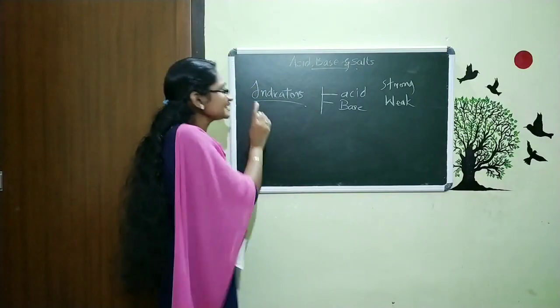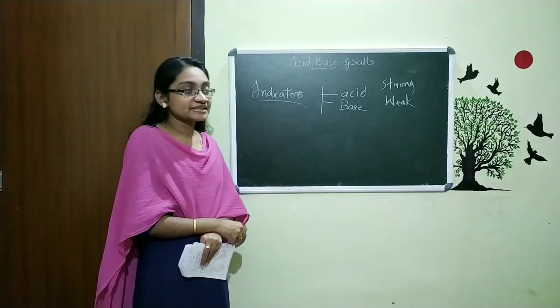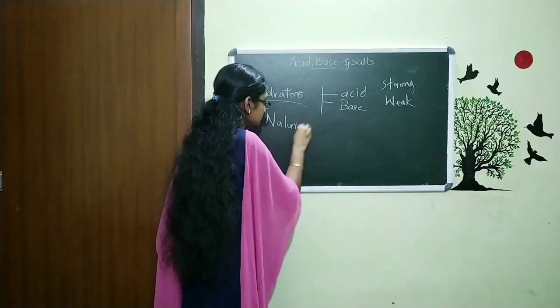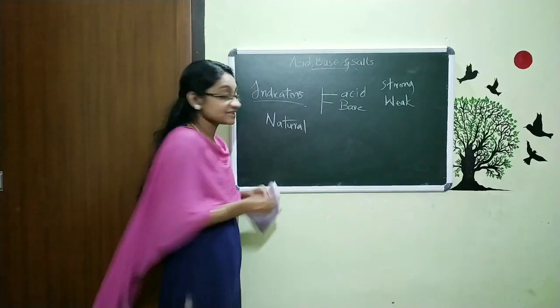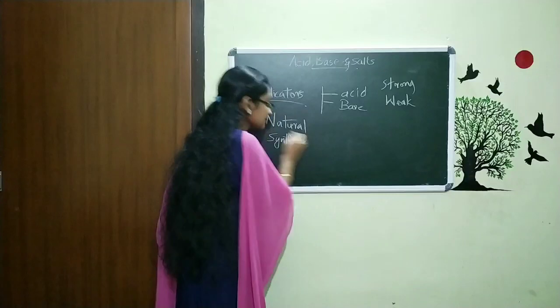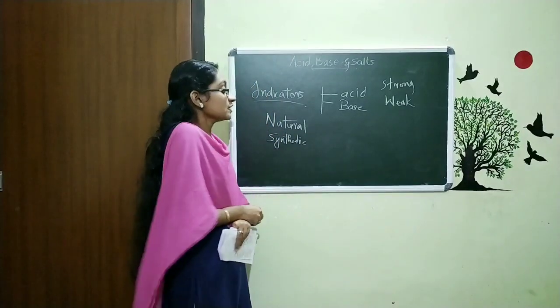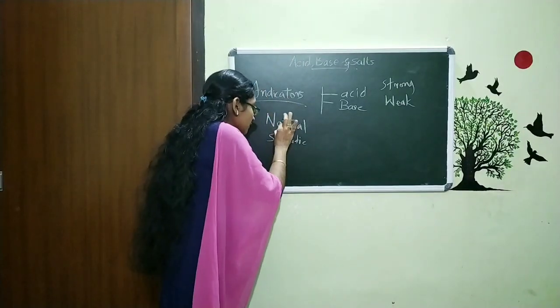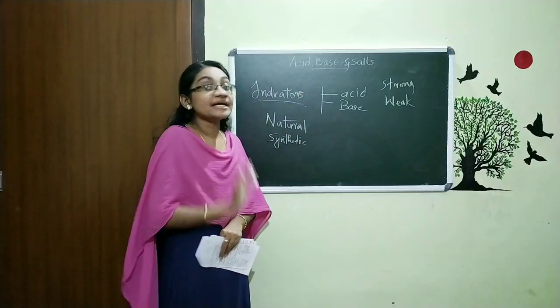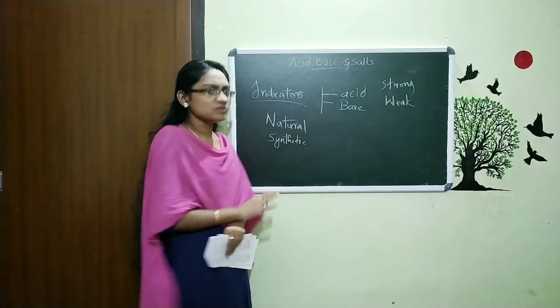So the normal indicators, meaning the natural indicators and the synthetic indicators, we discussed in our previous class. With these natural and synthetic indicators, we can only identify if it is acid, base or neutral.